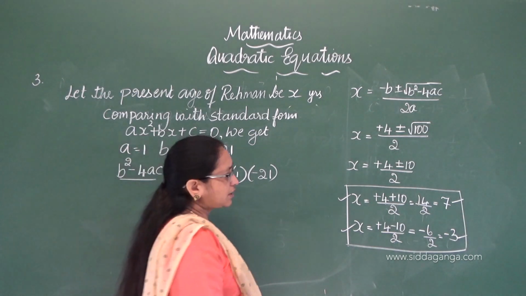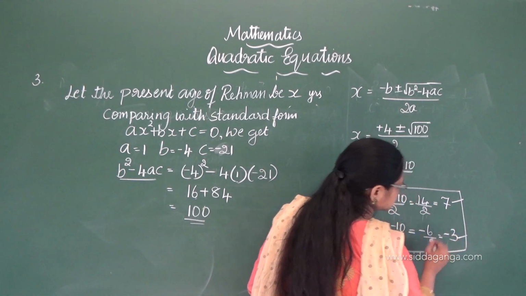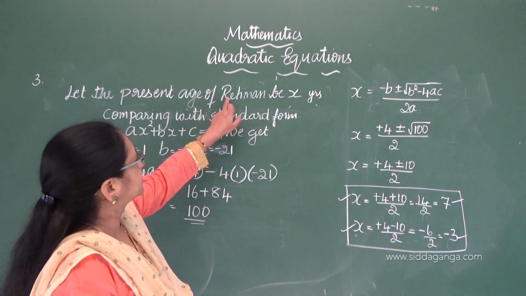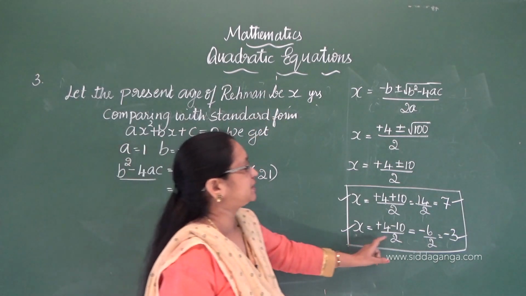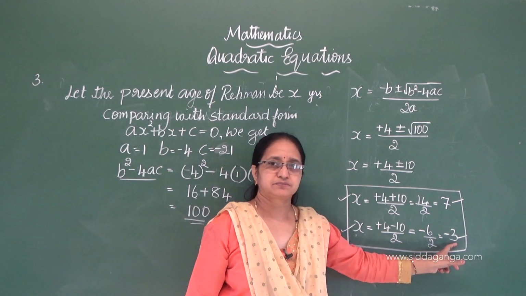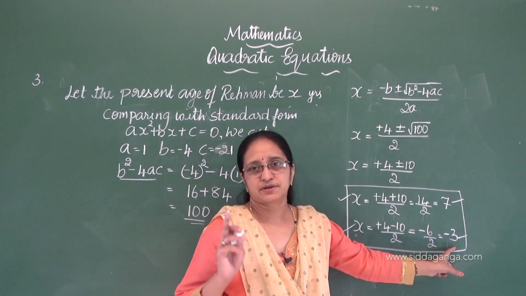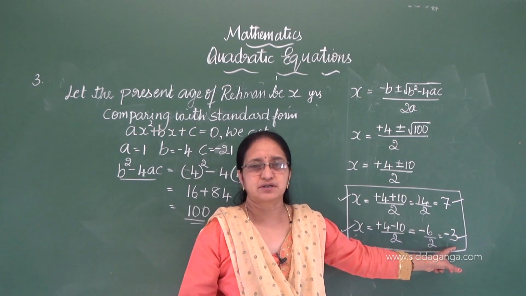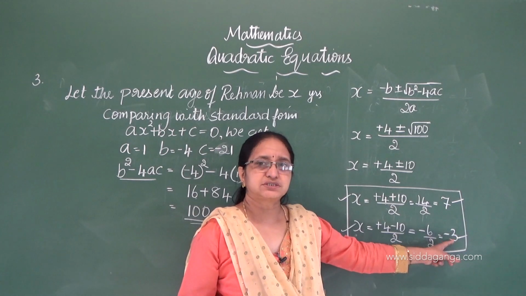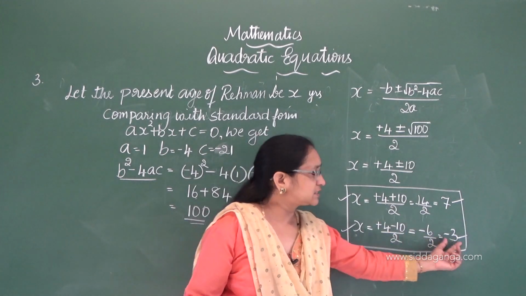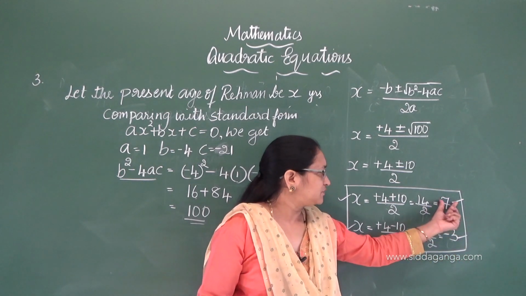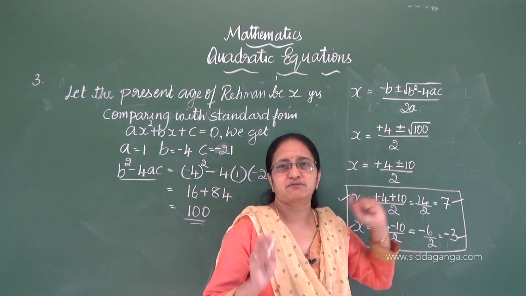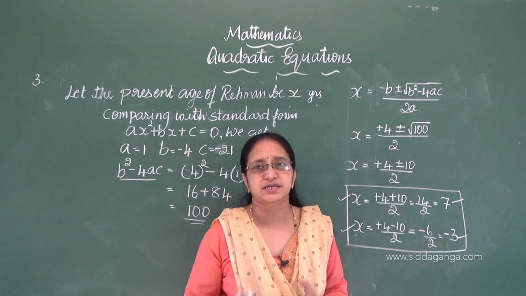Now you have to write this negative, since x is what we have taken, that is Rahman's age. So age cannot be a negative term. So since it is a negative term, we can reject this root. We have to take x is equal to 7 only in this case.